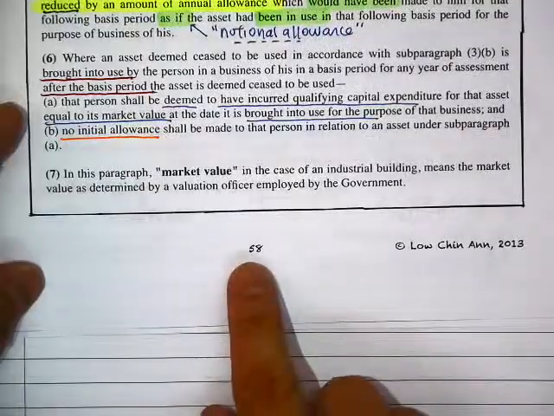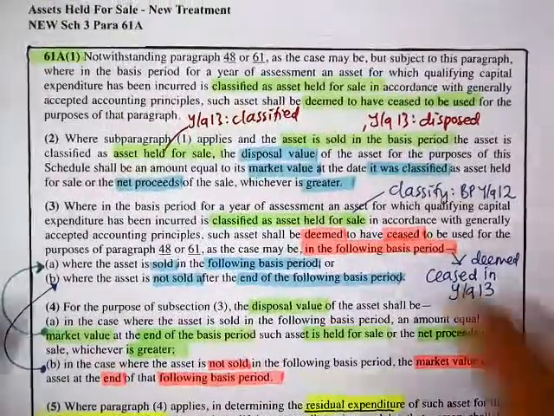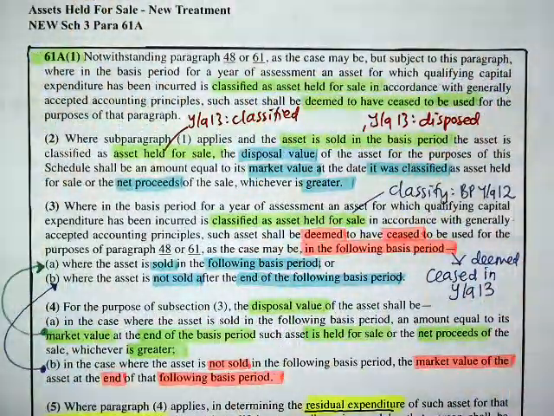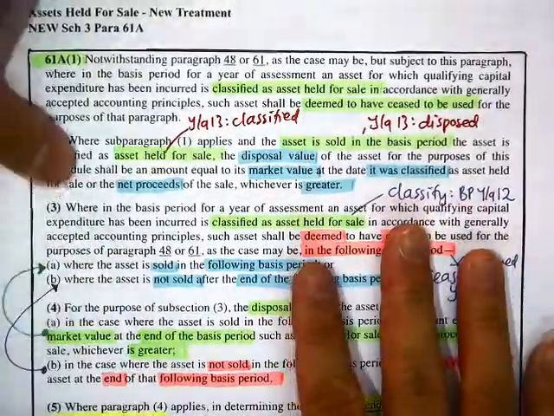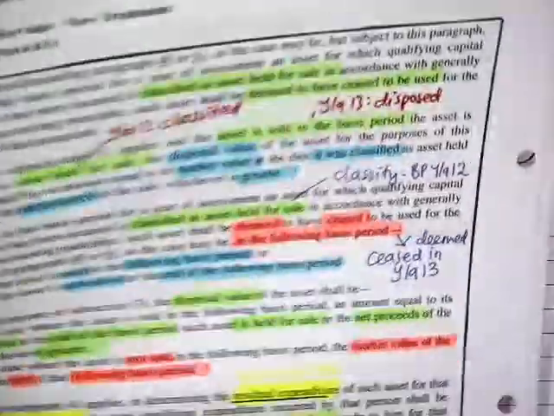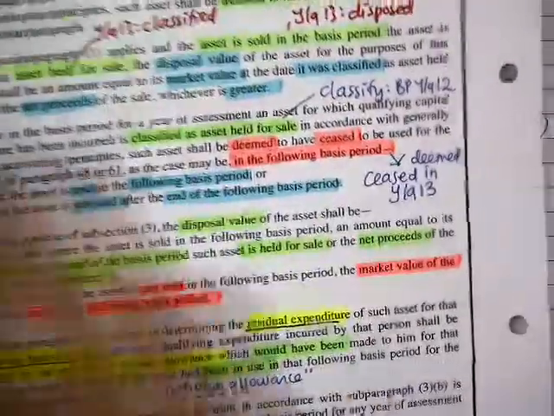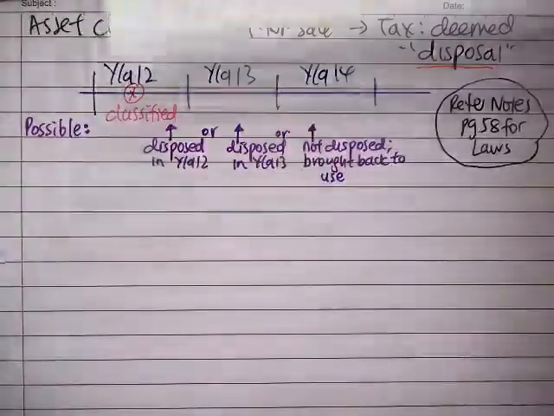In page 58, I have given you the law. Now I'm going to show you the example. The example is to explain how the law works. We have a few cases.